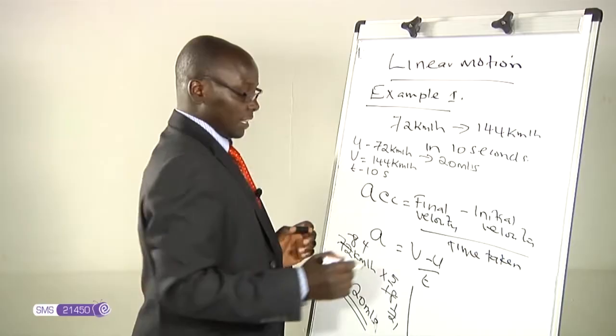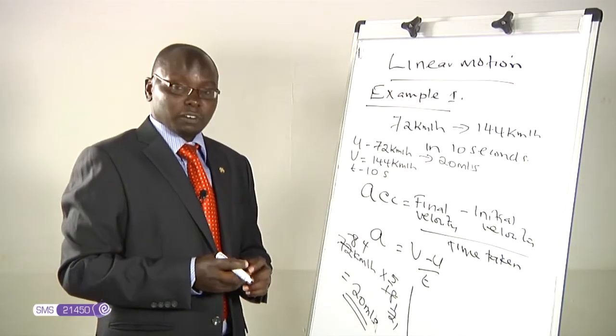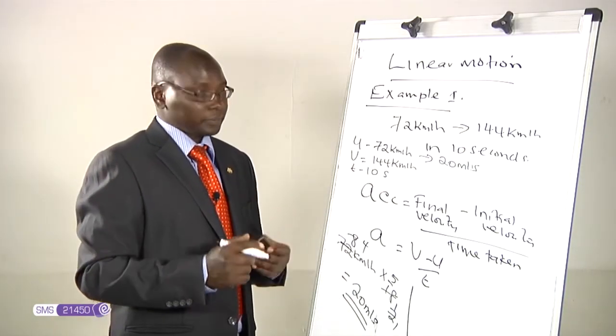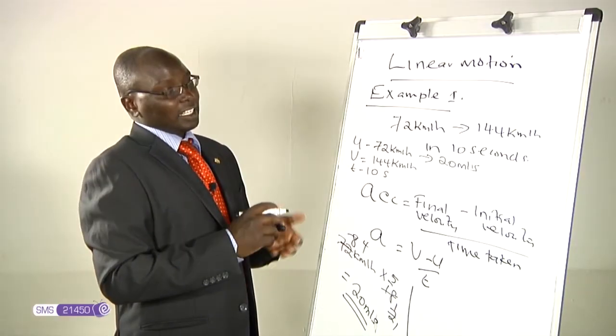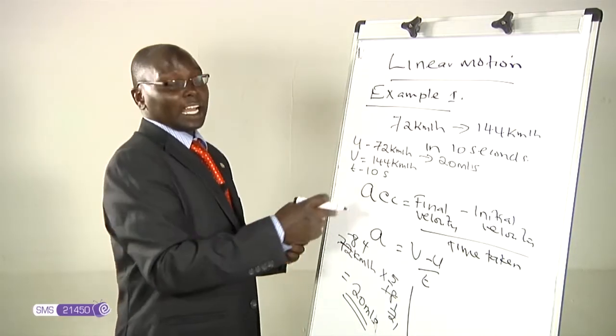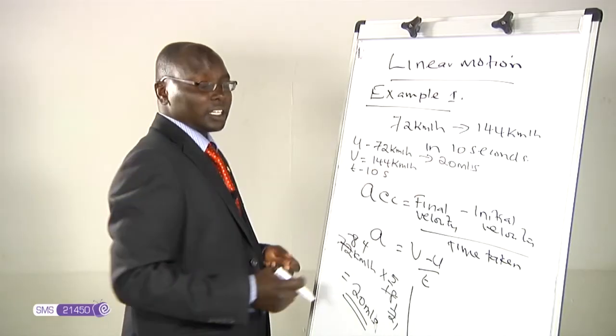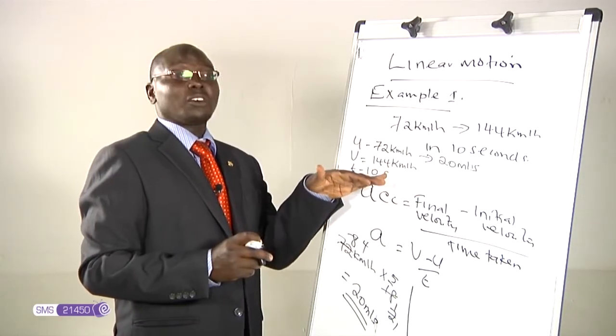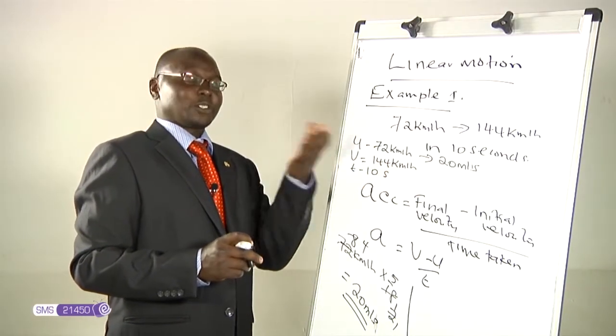Then we have this other one, 144. We still do the same. Now that this is double the first, we can automatically see it will be 40 meters per second, because 144 is double 72.